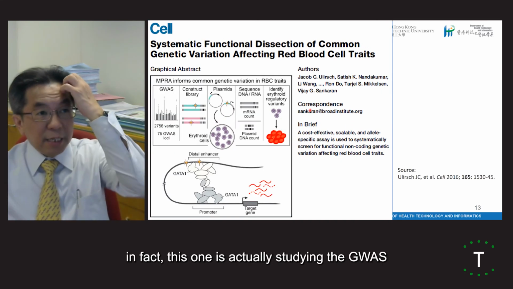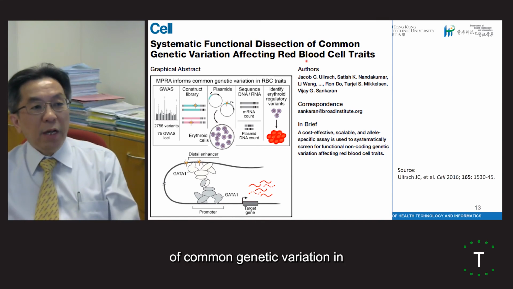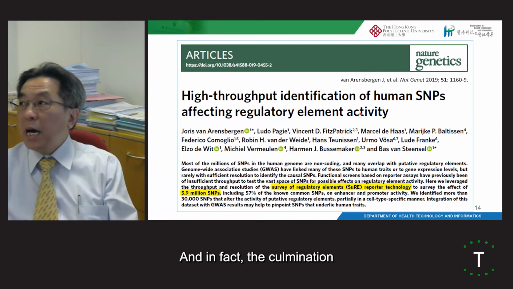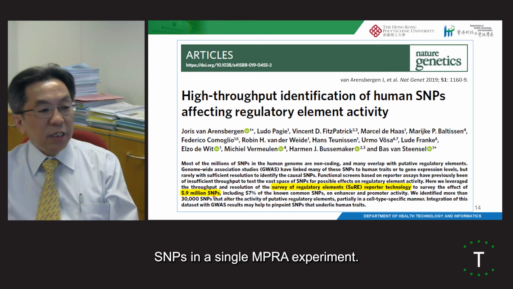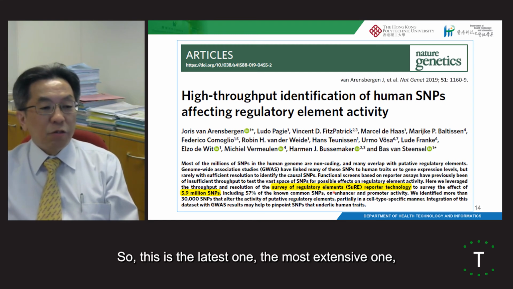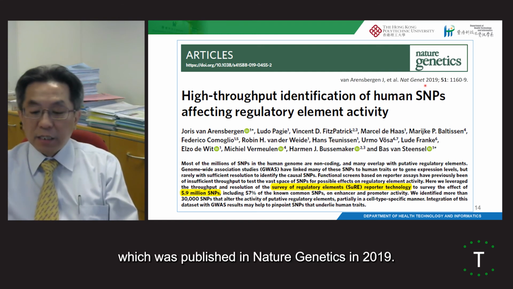This one is studying GWAS-associated SNPs found to be associated with red cell traits. And the culmination of MPRA is the report of studying close to 6 million SNPs in a single MPRA experiment. This is the latest and most extensive one, published in Nature Genetics in 2019.